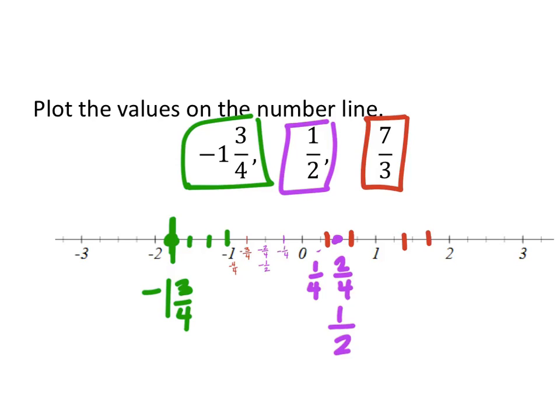So that would be 0/3, 1/3, 2/3, 3/3, 4/3, 5/3, 6/3. So I need these ones split up as well. So 2 was 6/3. Next would be 7/3. That would be right there. 7/3. But again, you're just going to be putting a point on that line on the homework. So I had to create my own lines for this one. On the homework, I don't believe you have to do that, though.